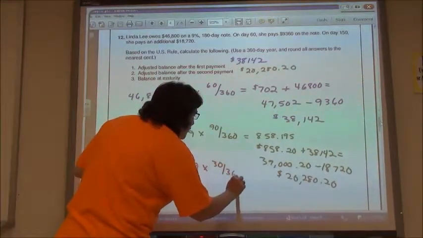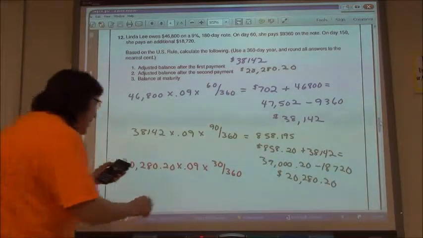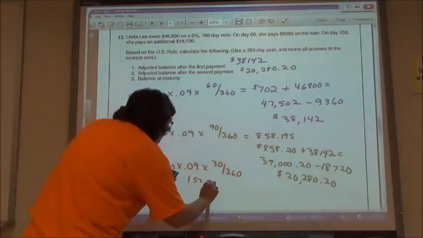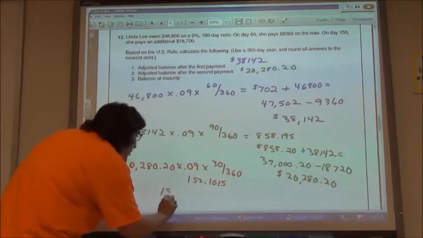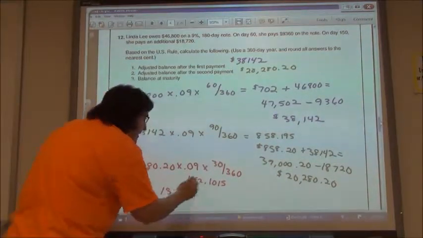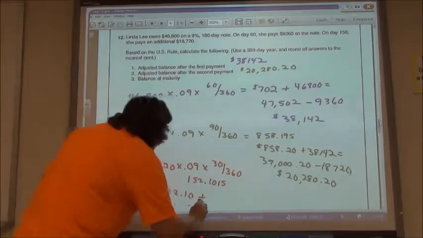So 30 over 360. So if I take my $20,280.20 times my 0.09 times 30 divided by 360 means I'm going to have 152.1015. So $152.10 if I round that off to the nearest cent in interest.